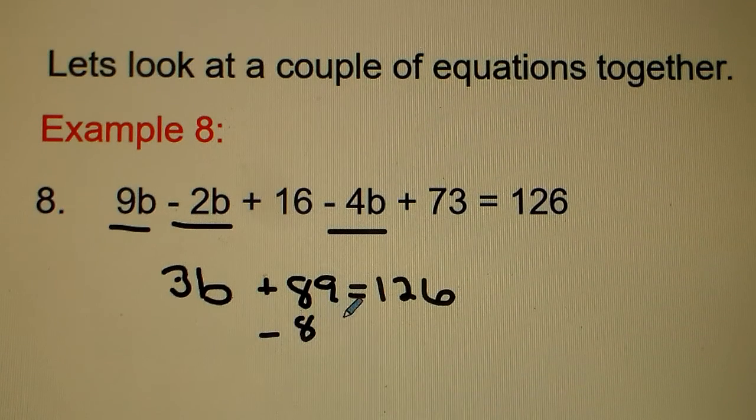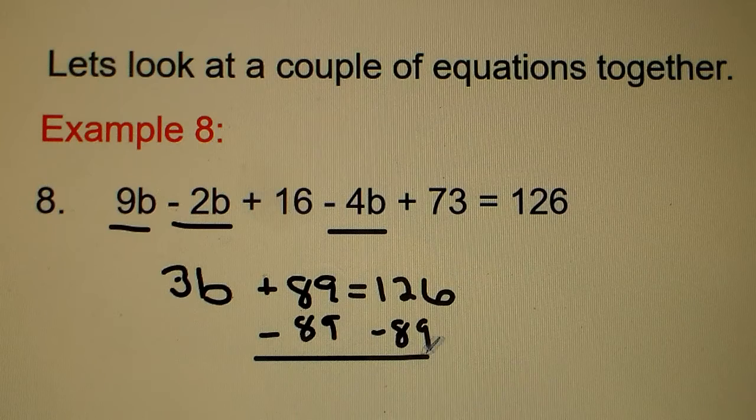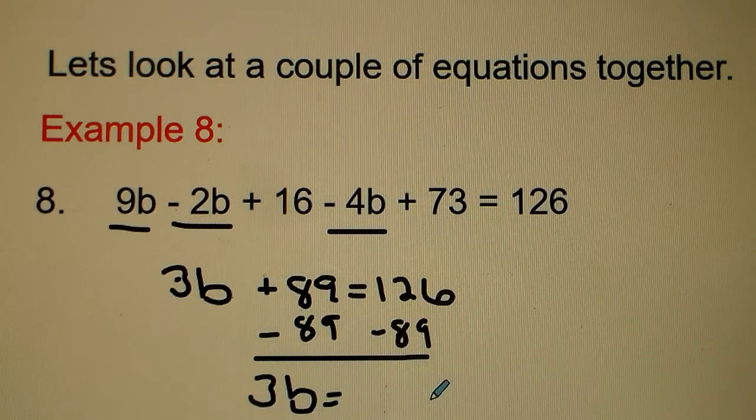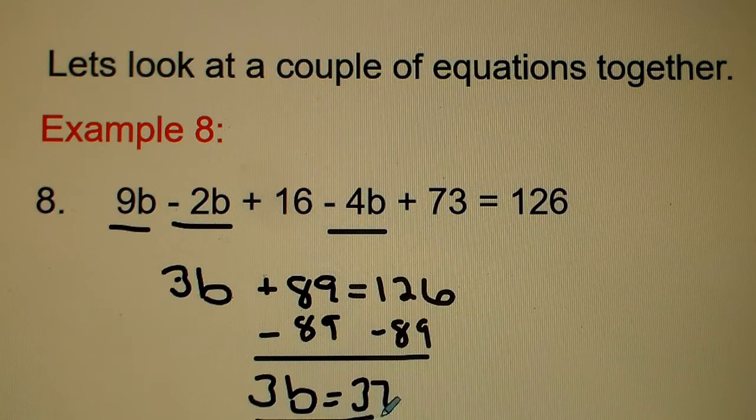Subtract 89 from both sides. We get 3b is equal to 37. Divided by 3, I think you're going to get another decimal there. You're going to get 12.3 bar notation.